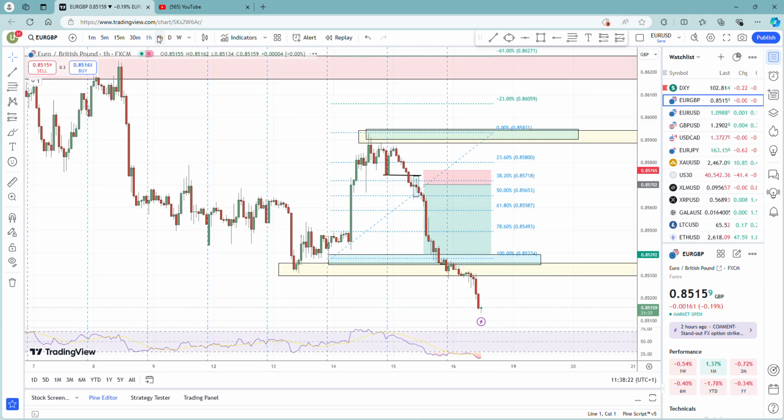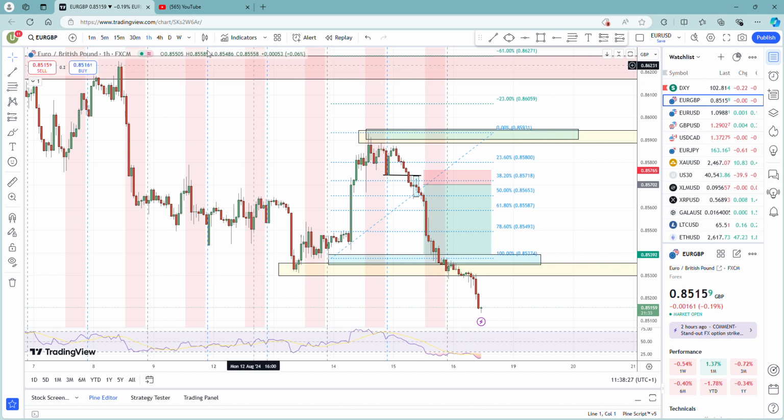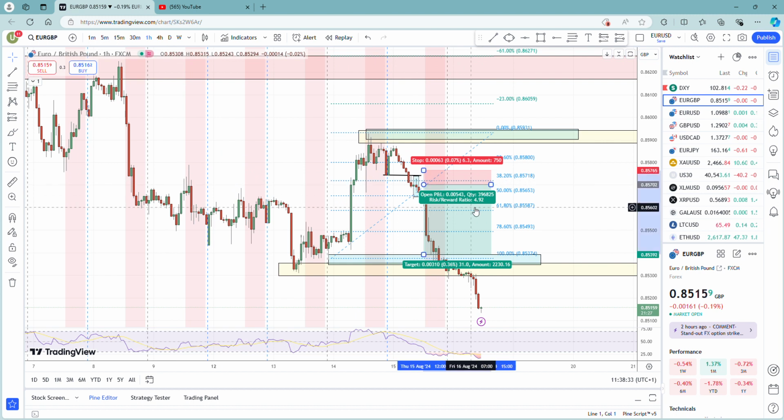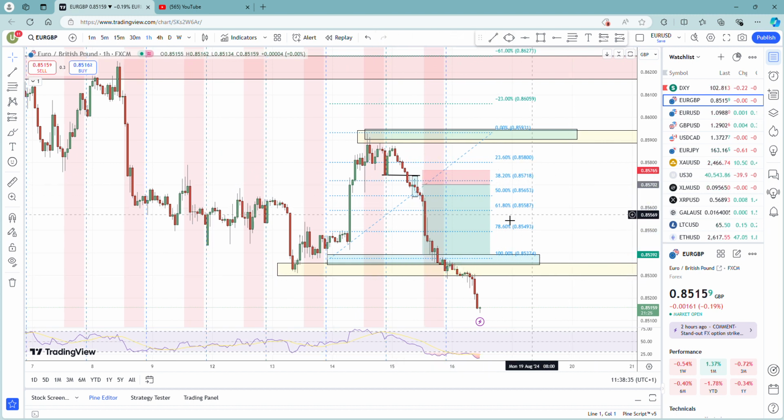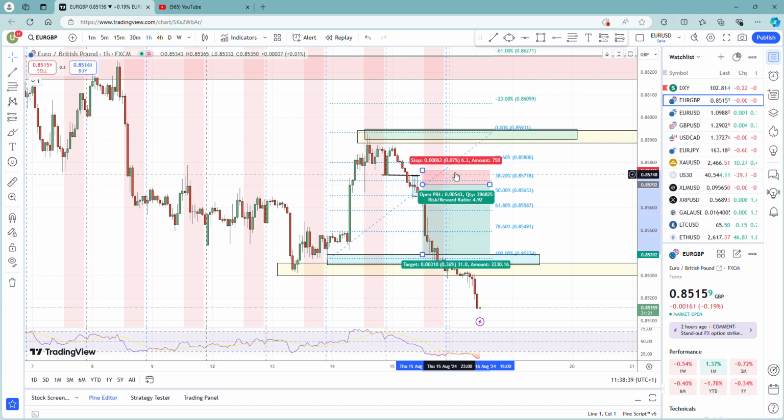so if we look at H1, you can see yes, it always moves from one level to another. That is why trading support and resistance is really easy, really great as well. So as you can see, yesterday I took a trade, and you can see I entered on this candlestick here at 9 o'clock in the morning, at a 6 pip loss and a 31 pip win, and that's a risk to reward ratio of nearly 5.